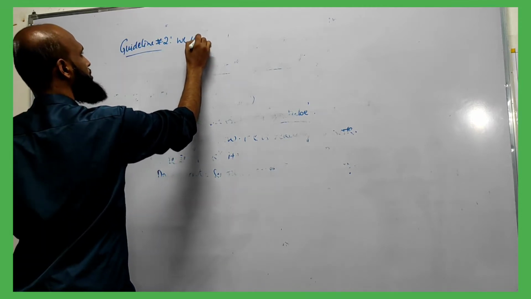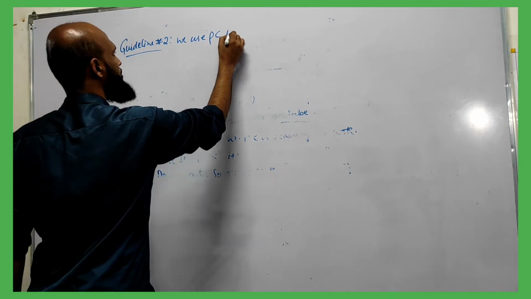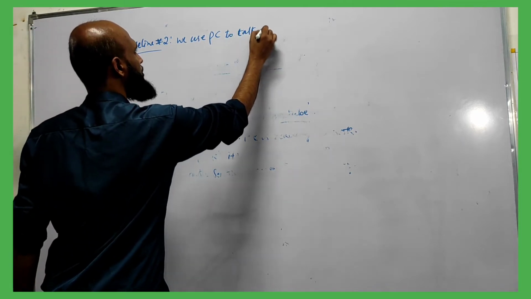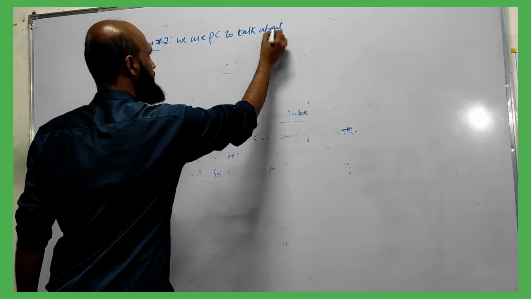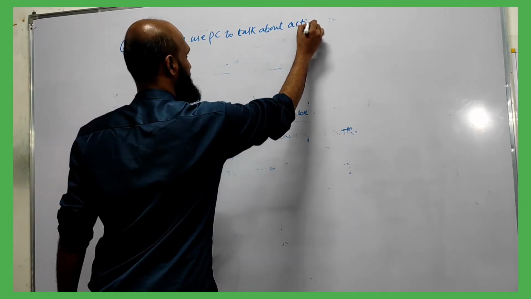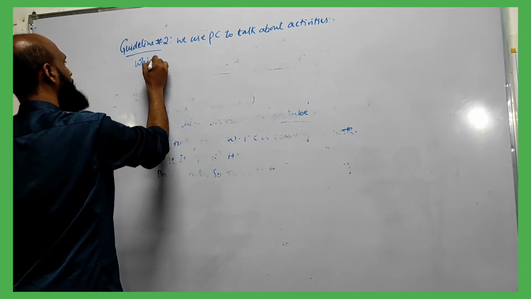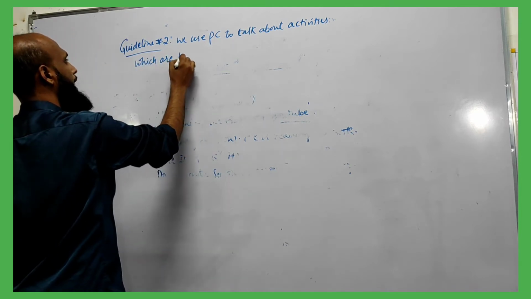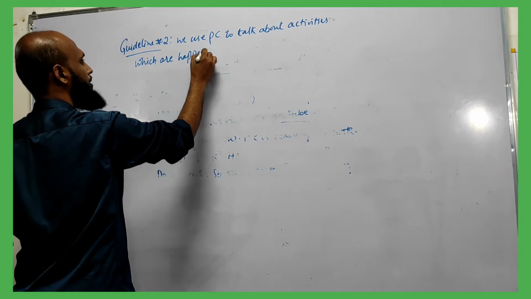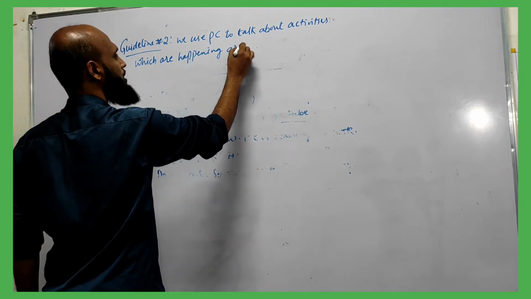we use present continuous to talk about activities which are happening around the time of speaking.